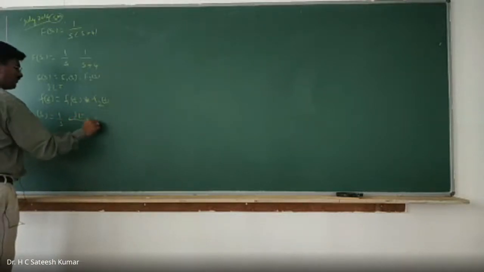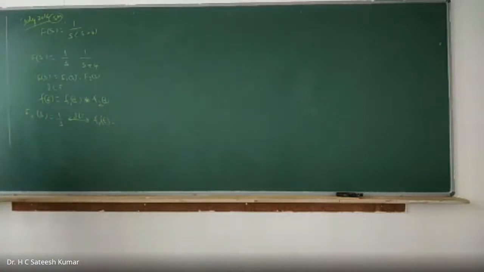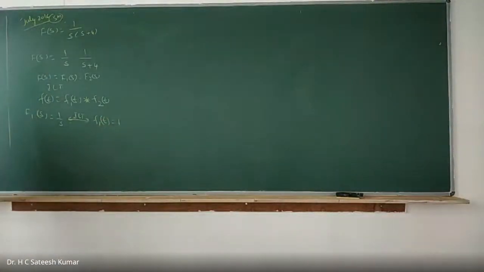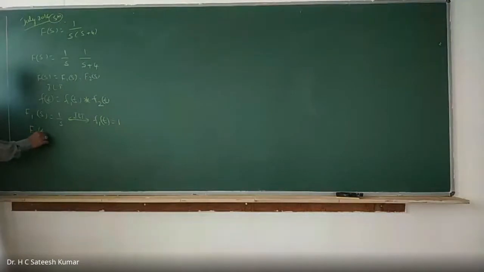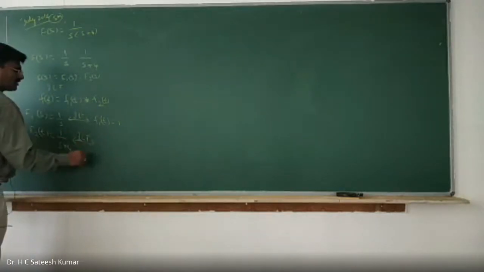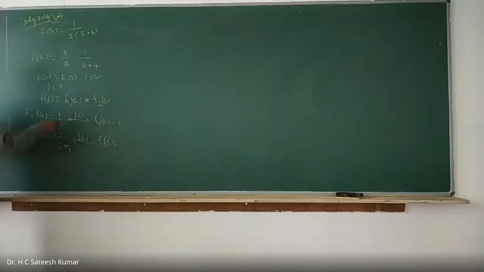You will get f1 of t equal to the inverse Laplace transformation of 1 by s, which is 1, or u of t. And f2 of s is 1 by s plus 4, whose inverse Laplace transformation is f2 of t equal to e to the power of minus 4t.